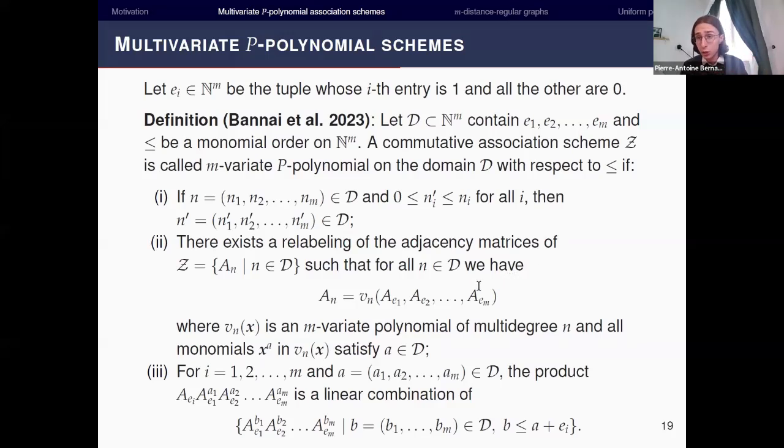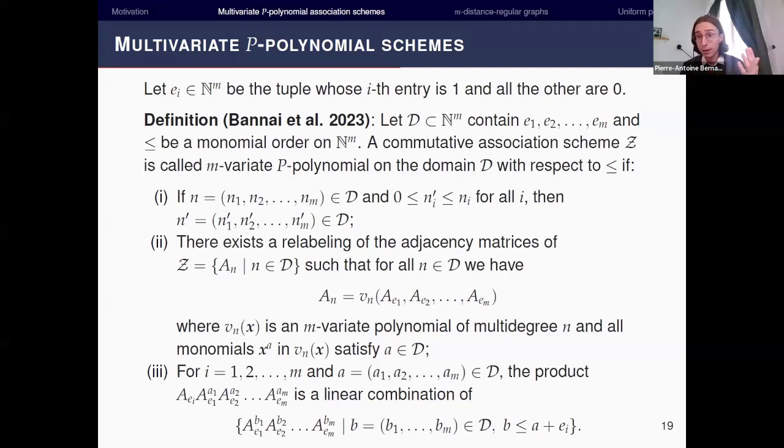But if you go outside the domain of the scheme, because the Bose-Mesner algebra is closed under matrix product, you know that it will be possible to re-express this monomial, which is outside the domain, in terms of monomials inside the domain. And then there is no guarantee that the b that will arise in this linear combination will be smaller than a plus e_i.